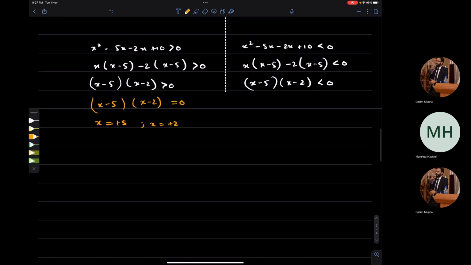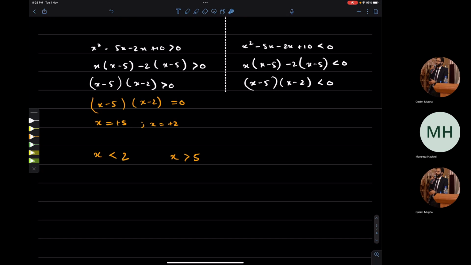The solution is going to be greater than the larger number, which is this one, and smaller than the smaller number. So x less than 2 and x greater than 5. So that's a shortcut, and this is how you can memorize it. You do this whenever you have a greater than sign and the x squared is positive. Okay.